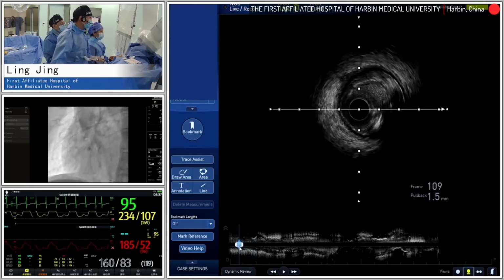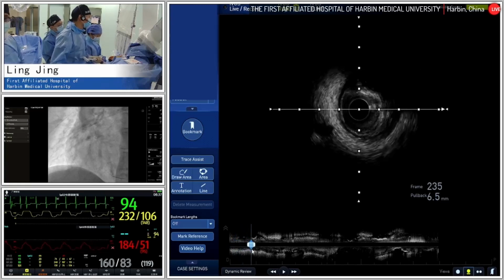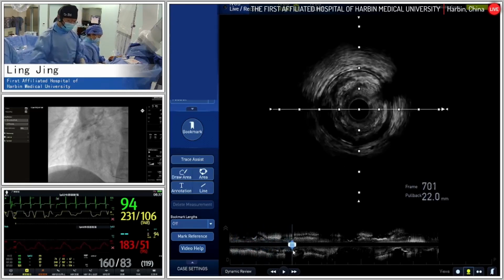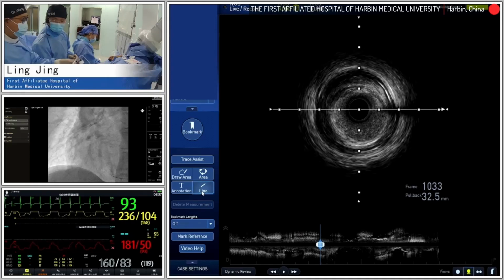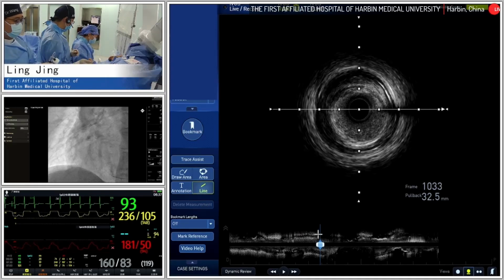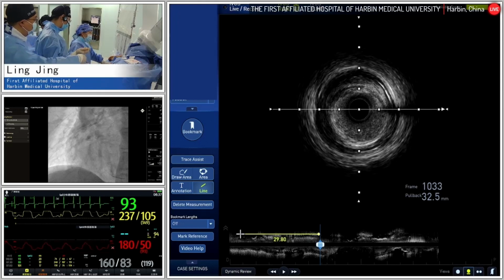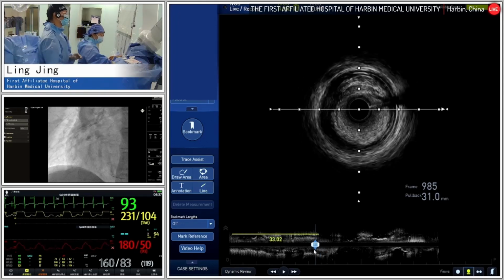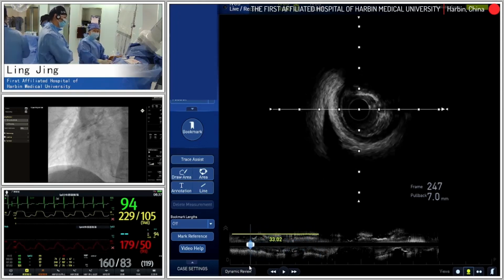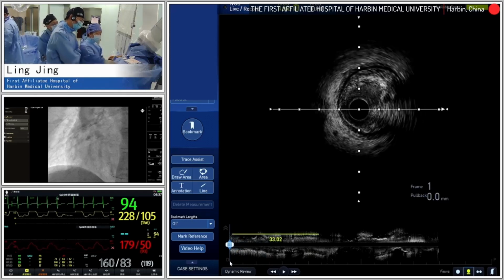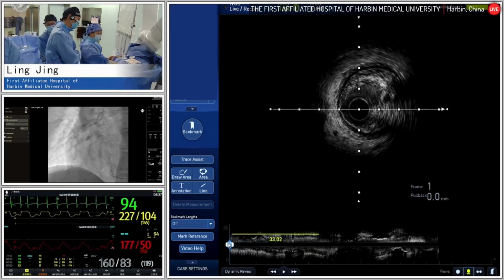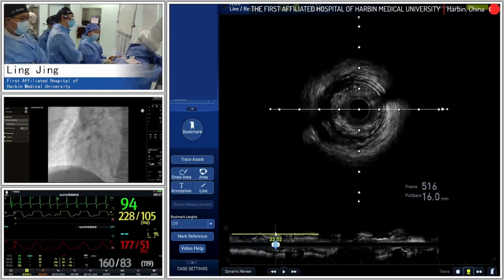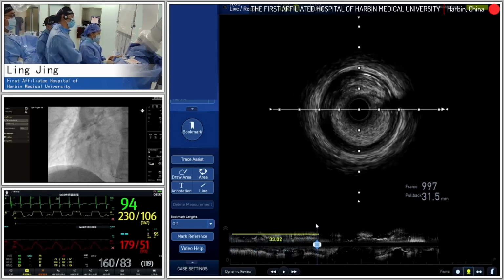Later maybe, because we noticed the proximal part and ostium of the RCA have a very high plaque burden and we need to cover to the ostium of the RCA. So for the first stent, maybe a 2.5 stent, and a 2.5 cutting balloon, because we noticed a lot of long diffuse plaque burden.